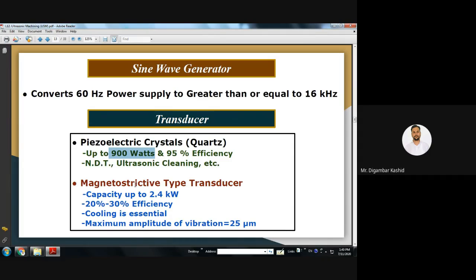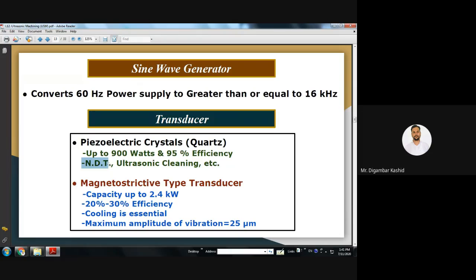The efficiency in this particular case is very high, up to 95%. This is the physics behind the transducer. This is the extra part: piezoelectric crystals are commonly used for non-destructive testing purposes, as well as for ultrasonic cleaning.